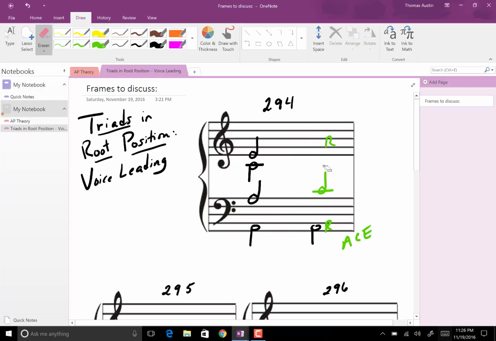Okay, in the second example, pretty much the same thing. Here we have A and a D, and we have a D, and then we have an F. In the second chord, I've got a D in the bass and an A in the soprano.